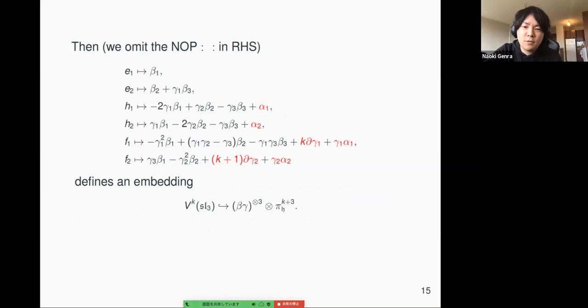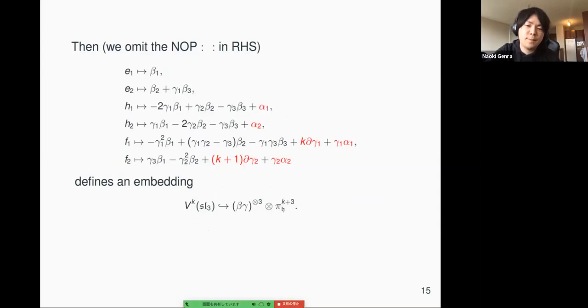The Heisenberg part, we need to add the Heisenberg elements alpha 1 and alpha 2. And for the lower nilpotent part, for F1, I need to add gamma 1 and alpha 1, with some coefficient, plus the derivation of gamma 1. For F2, we need to add gamma 2 and alpha 2, with some coefficient, and the derivation of gamma 2.